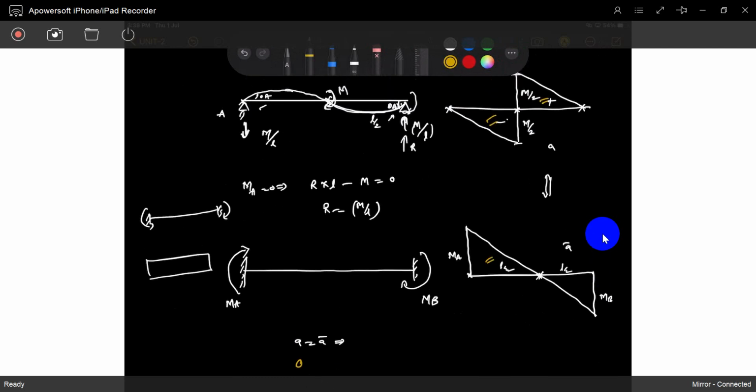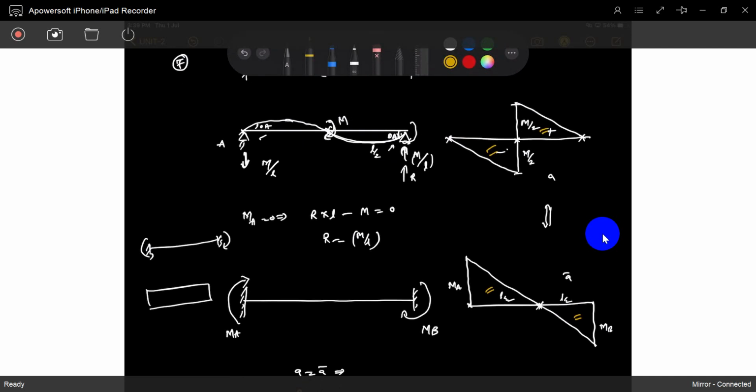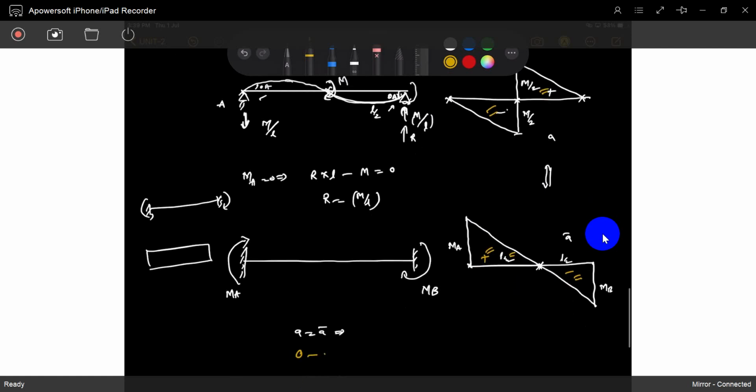One is negative, one is positive. This area is equal to this area, so A dash is also 0. 0 is equal to 0. What do we get? We get nothing.